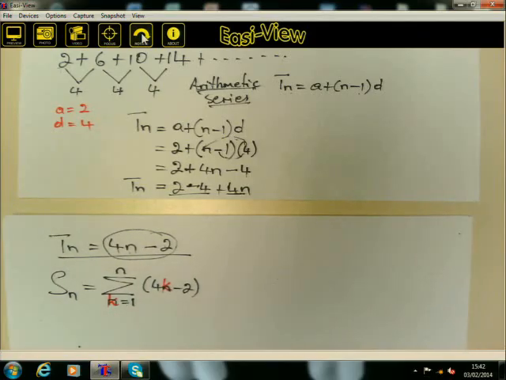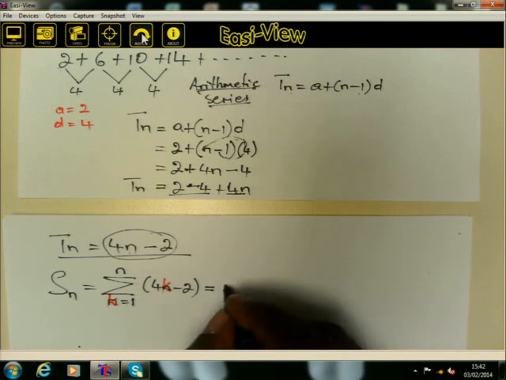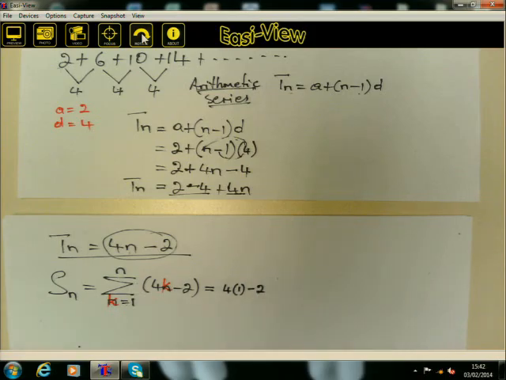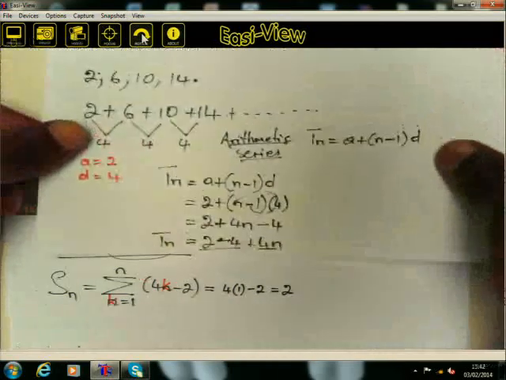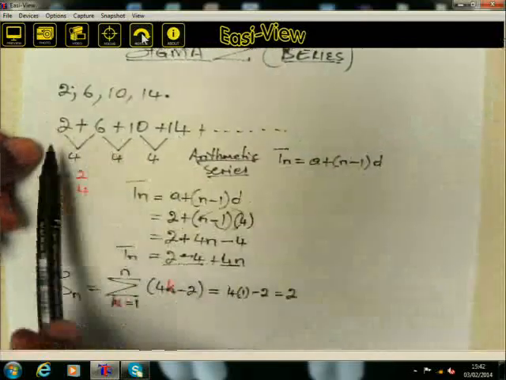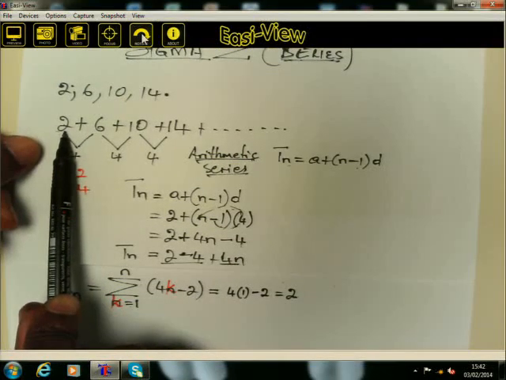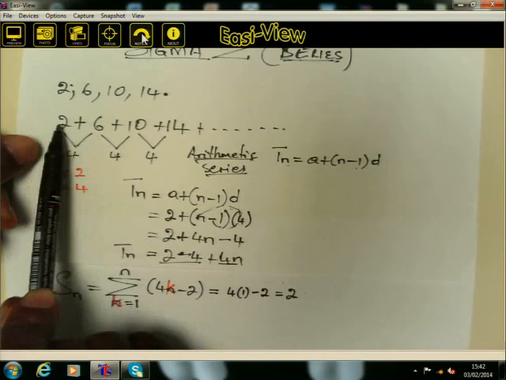And then let's check on that. Is it going to take us back to what we want? We look at it this way. When k is 1, we have 4 multiplied by 1 minus 2. 4 times 1 is 4, minus 2 gives us 2. In other words, we look at our series: the first term, when k is 1, we get 2 there.